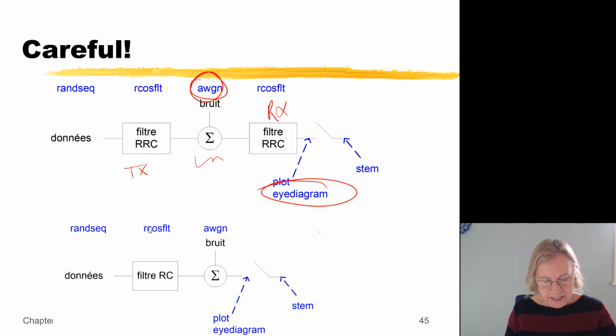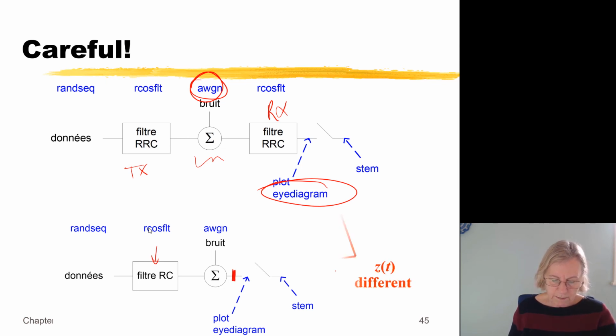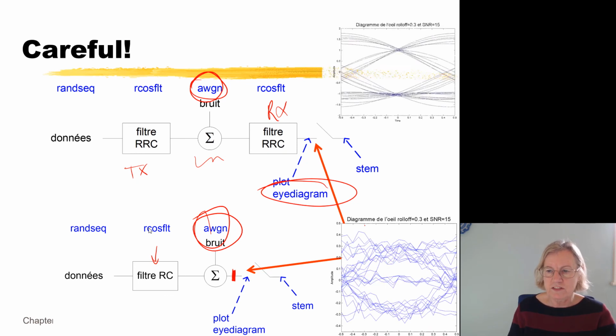I wanted to mention that you could try to make an equivalent system where you have a single filter, and this is what I alluded to at the very beginning of this lecture. And if we did not have any filter here, then you could come up with something very different if you didn't change your command. If you use the same additive white Gaussian noise command in these 2 simulations, you would get different results.